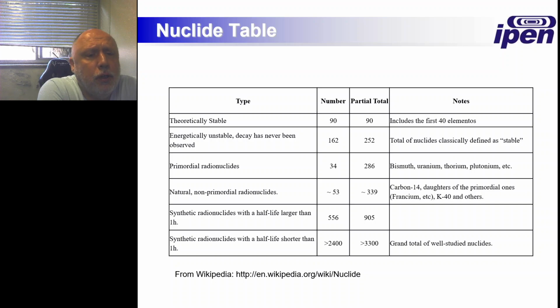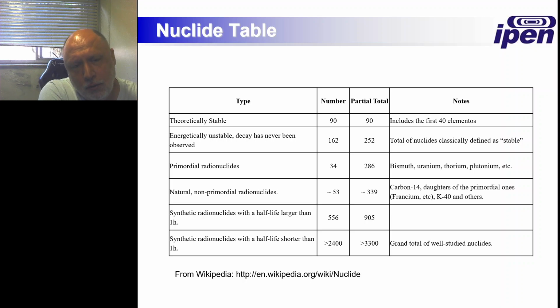And what are those nuclides? Well, if we think of the ones that are theoretically stable, and we'll talk about this in the next class, we have 90. These 90 include all the first 40 elements. These, in theory, should never decay.